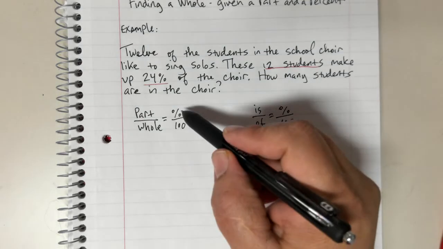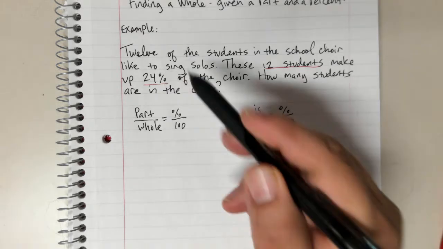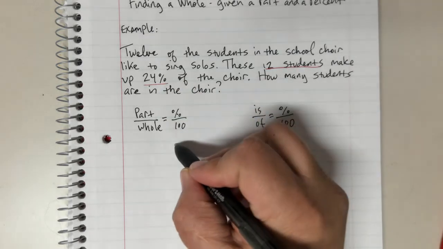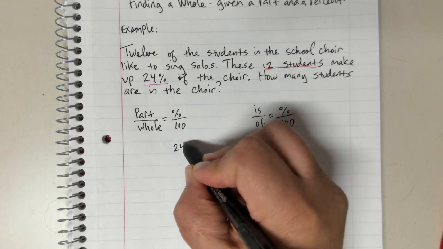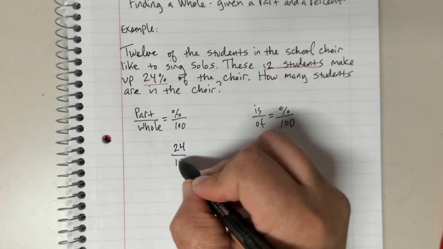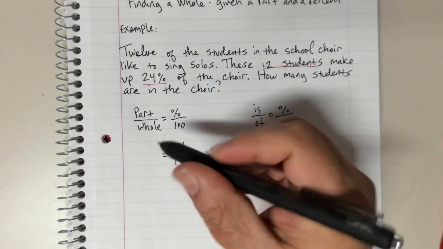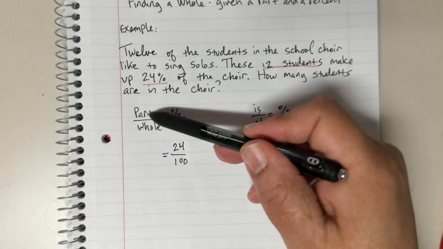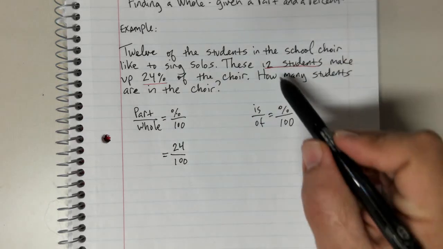Okay, so now we're going to plug in some of the information. So percent, we have a percent sign here, we have a percent sign here. So I know that percent is just a fraction, and it is expressed as 24 over 100 equals, now I'm looking for the part or the whole, and we said we have the part because we're looking for the whole.